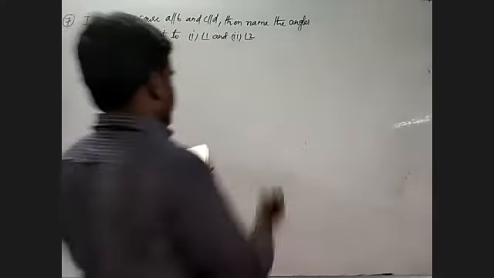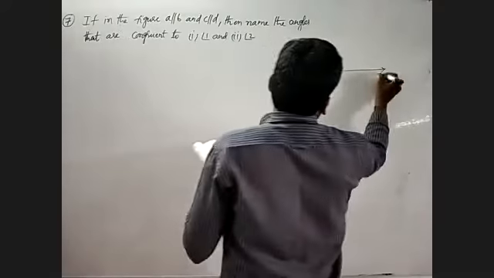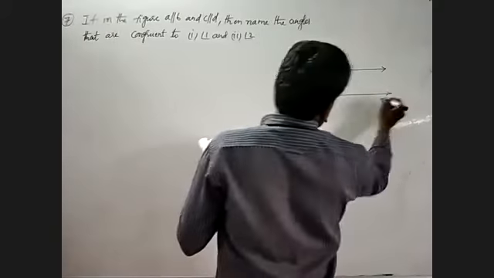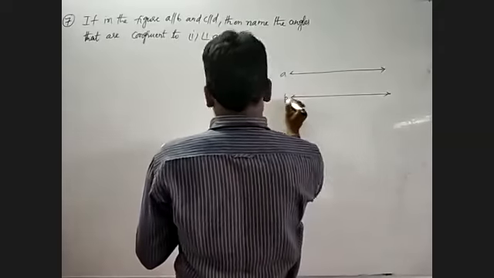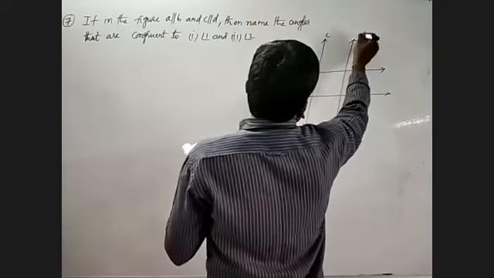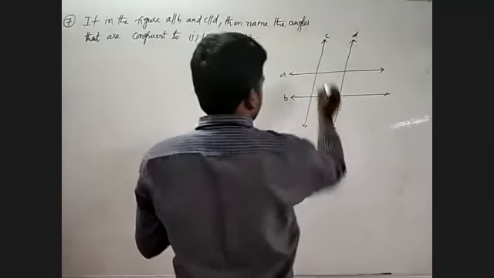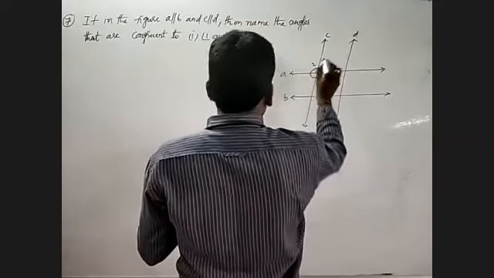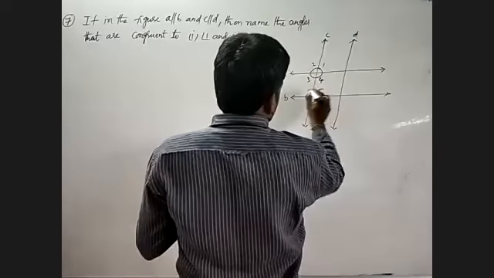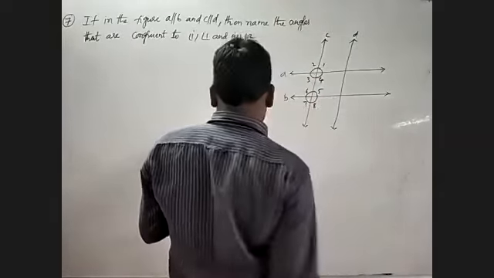Here the given figure is, this is the given line A. After that, this is the given line B. Another transversal, name it as D. Here some angles we will take: 1, 2, 3, 4. Again 5, 6, 7, 8.